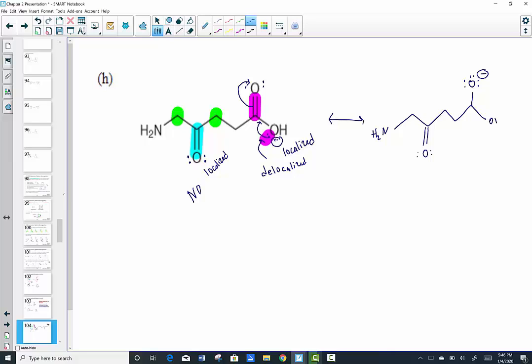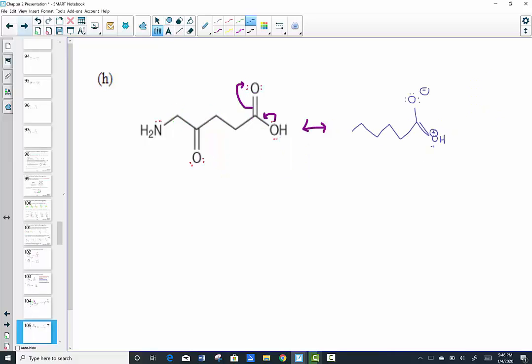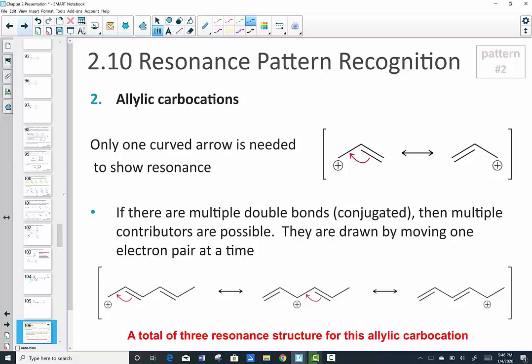Down here, the OH lost a set of dots and moved to a double bond, resulting in 1, 2, 3, 4, 5 assigned electrons. So that's a positive formal charge. We got it. That matches our screen.